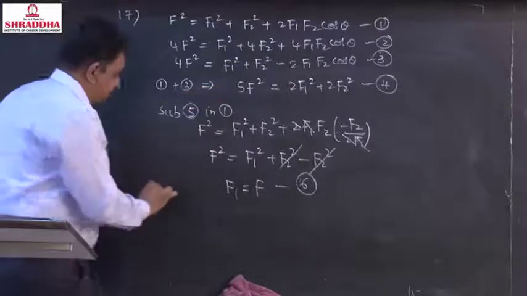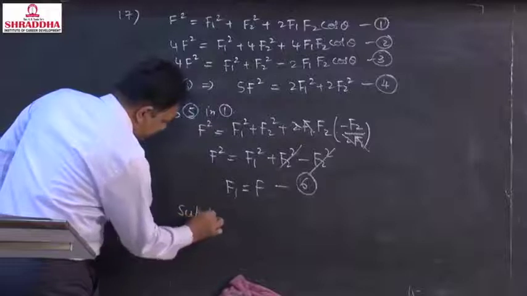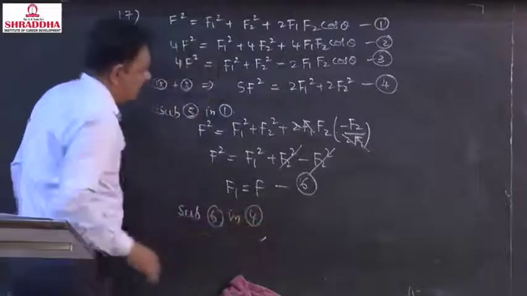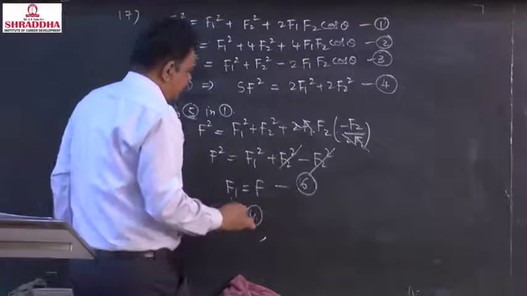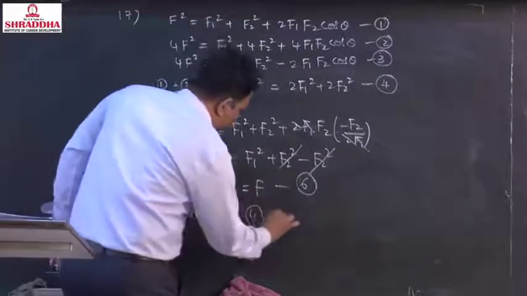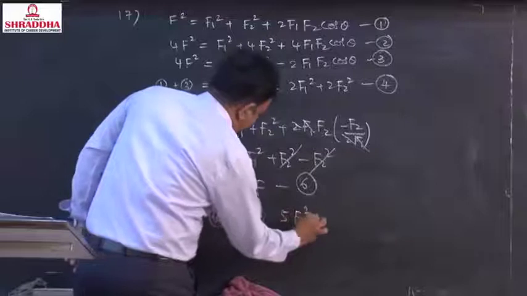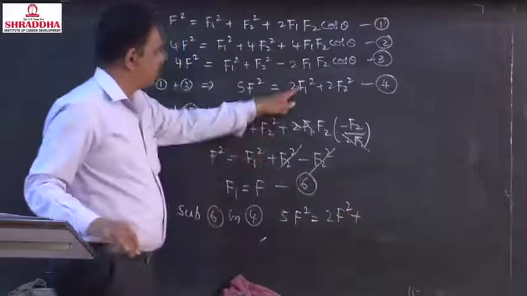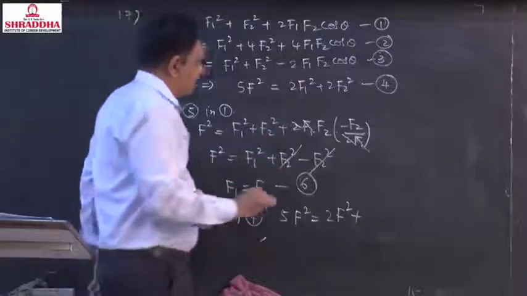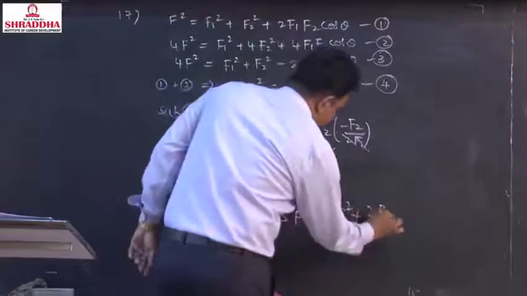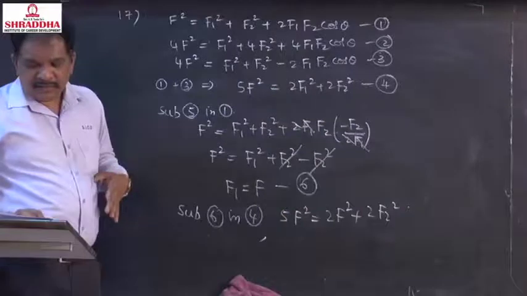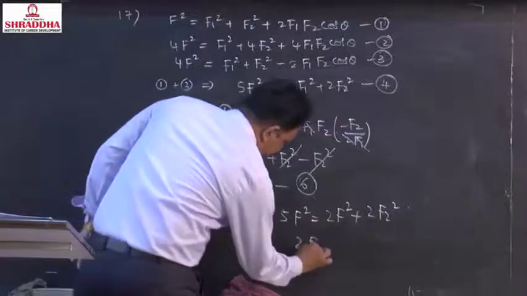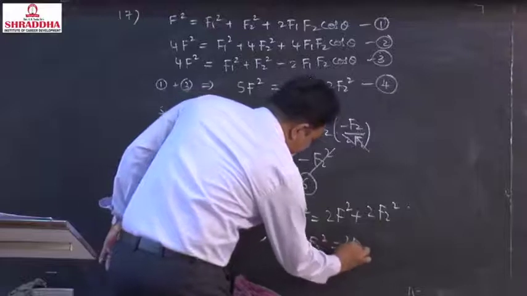So substituting 6 in 4, what we will get to see? 5F square is equal to 2F square, F1 place F, plus 2F2 square. Then F2 square is equal to 3F square by 2.